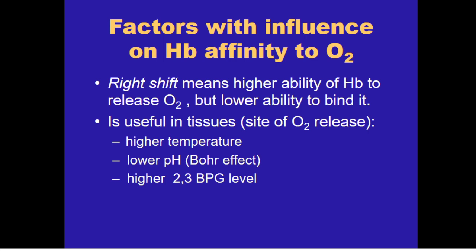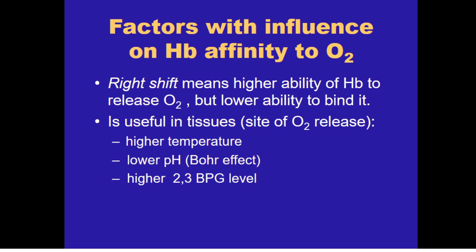in tissues, the site where oxygen is released, what can influence? We did not say this yet, right? That a change of temperature also influences this affinity. It's understandable because we know that our proteins are pH and temperature labile. So higher temperature can help to release.